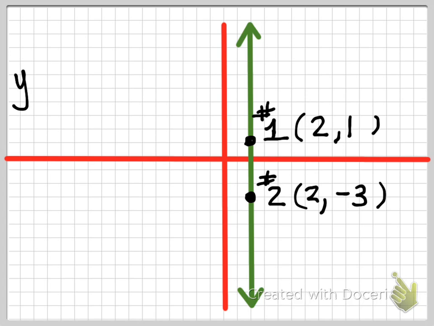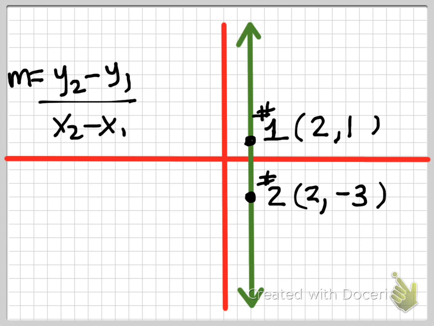Well, let's put it in the formula for slope as best we can. m equals y2 minus y1 over x2 minus x1. So my y2 is the y value for point number 2. My y1 is the y value for point number 1, and so on.